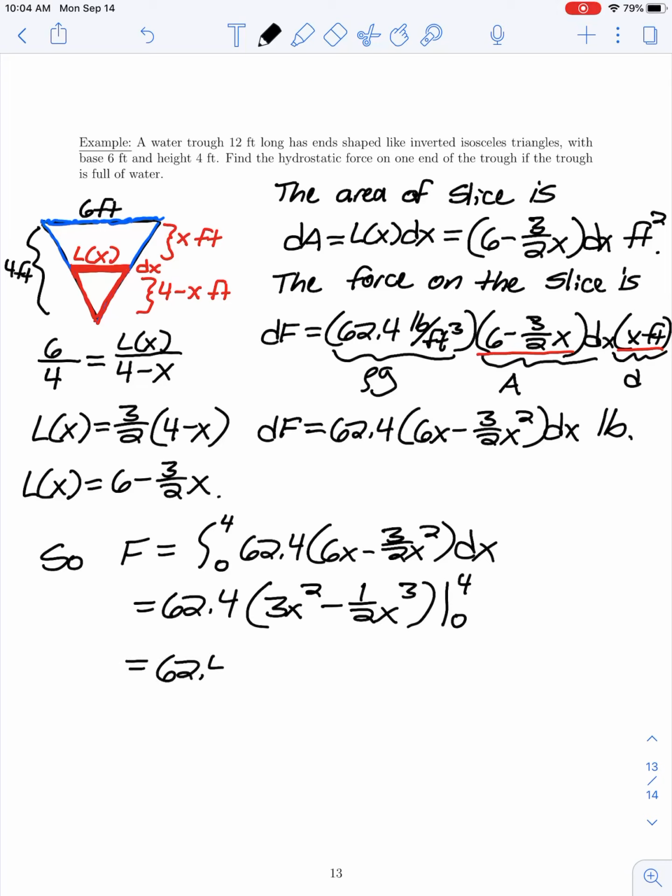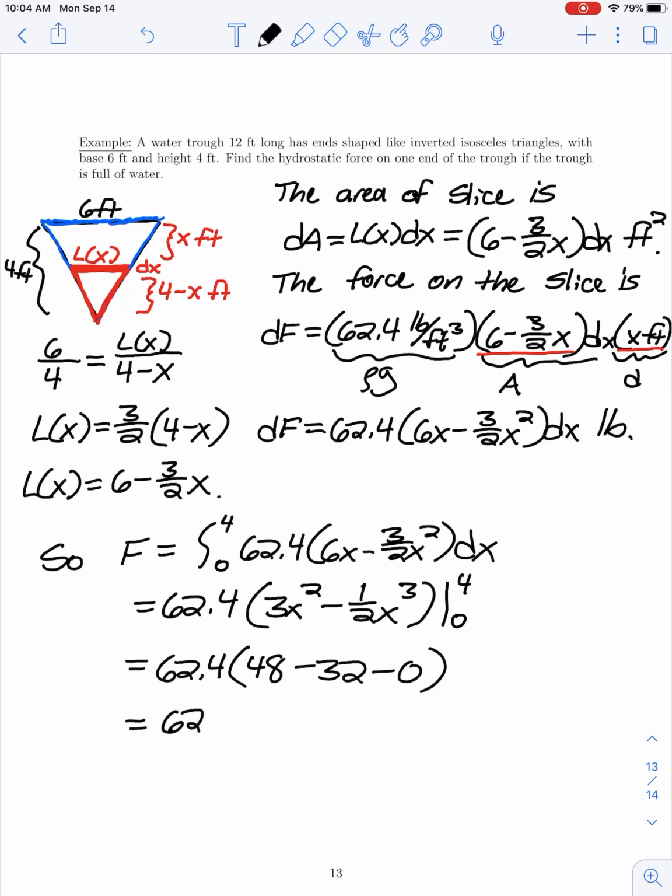We have 62.4 times 3 times 4 squared. Now 4 squared is 16. Multiplying by 3, we have 48. Minus 4 cubed, which would be 64 times the 1/2, gives us 32. And then we subtract what we get when we substitute in 0 for x, which is 0.